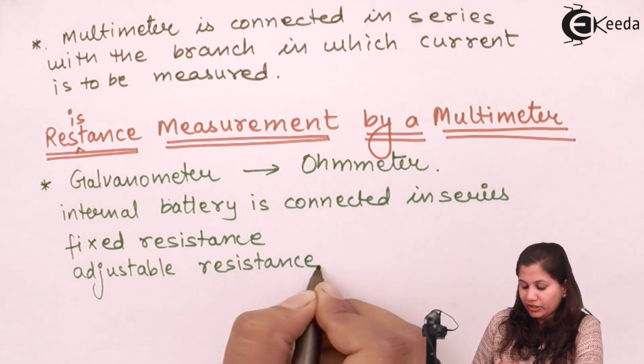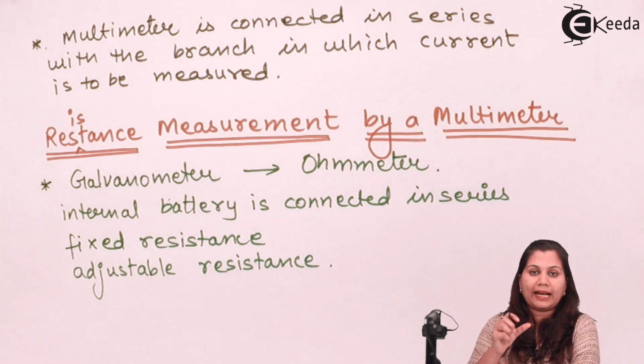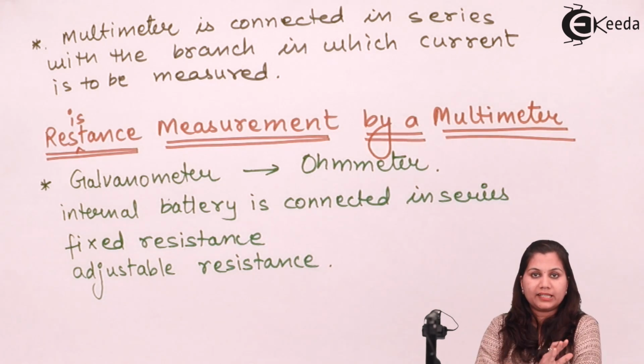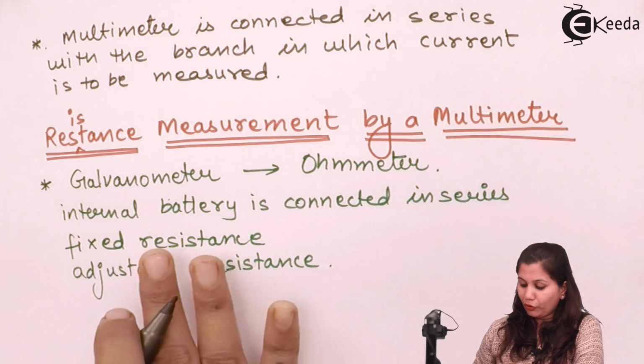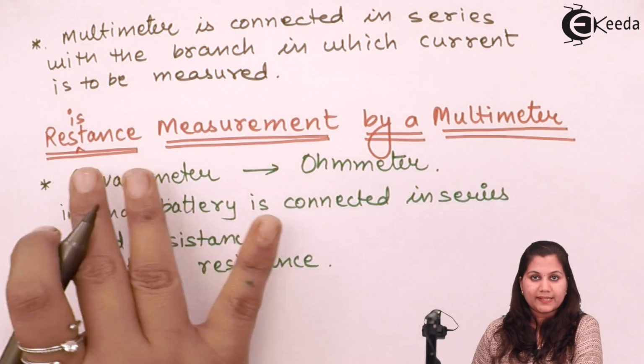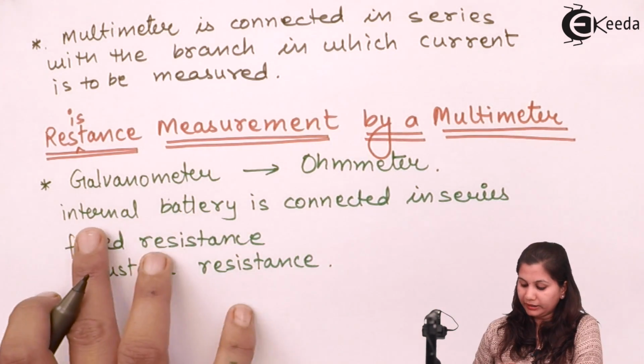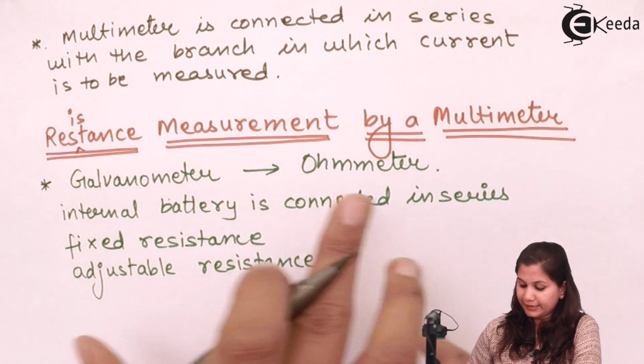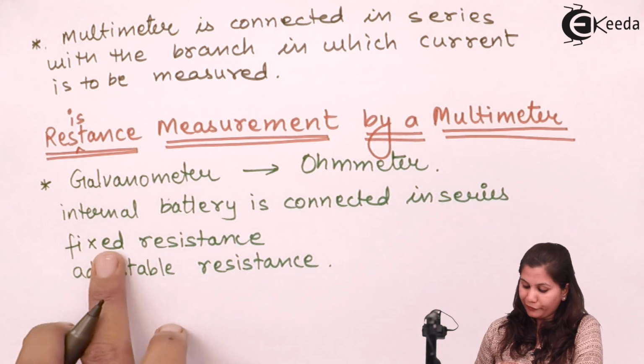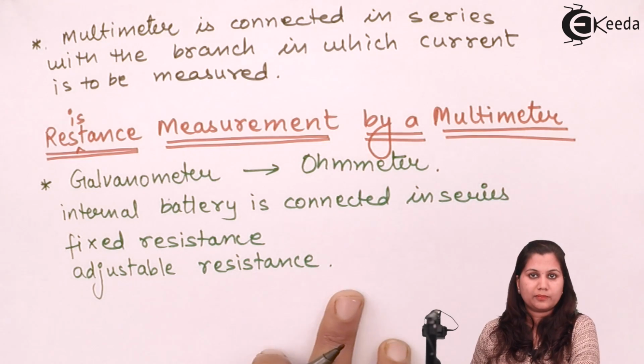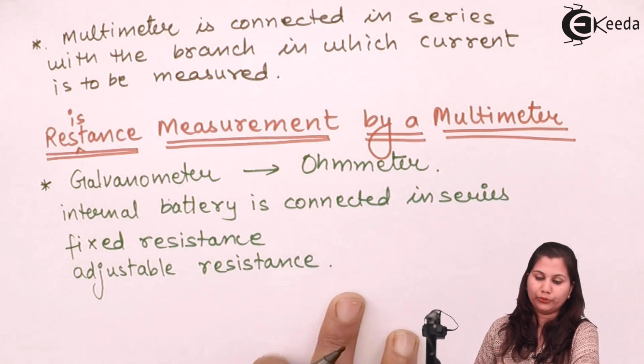For voltage and current measurement, we were just adding the resistance either in series or in parallel. But for the ohm meter or resistance measurement, we have to connect an internal battery in series with the galvanometer. A fixed resistance and an adjustable resistance are also used.